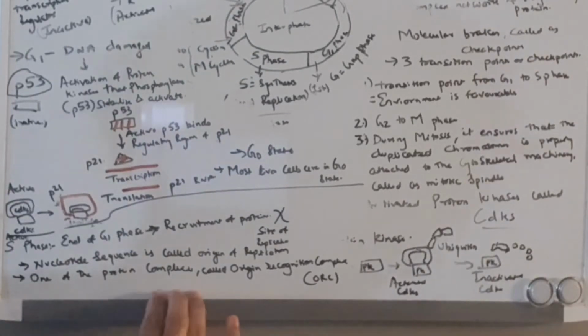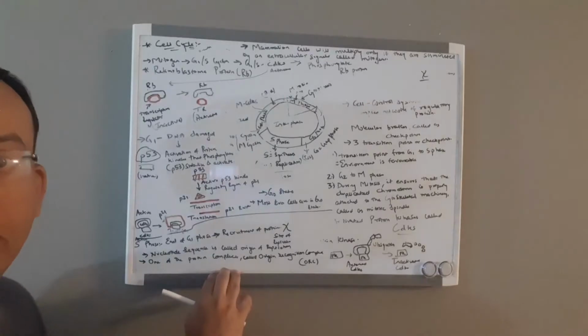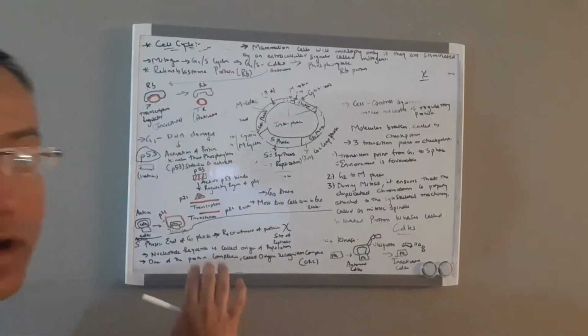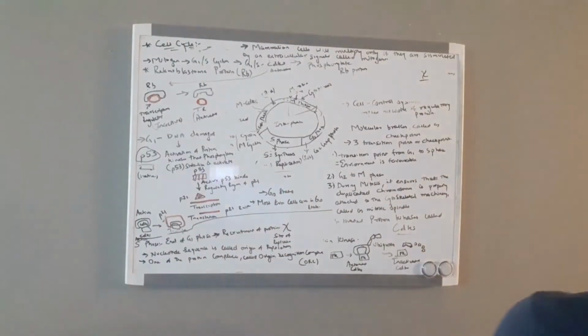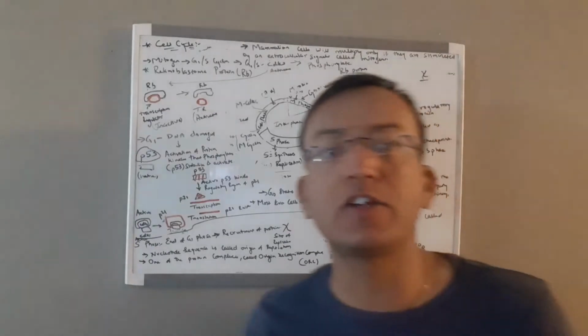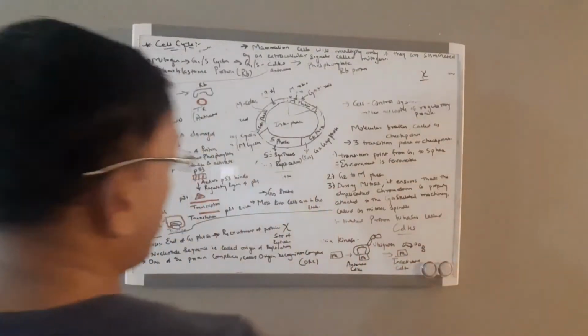And this ORC remains perched atop the replication origins throughout the cell cycle. So what happens in the first step, the replication initiation? The ORC recruits a protein called CDC6.